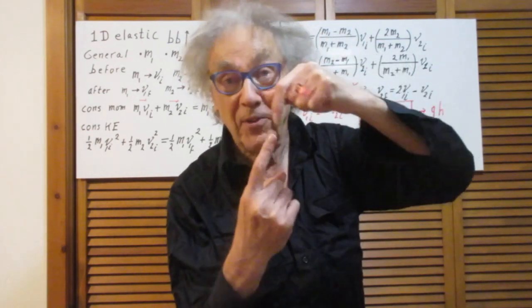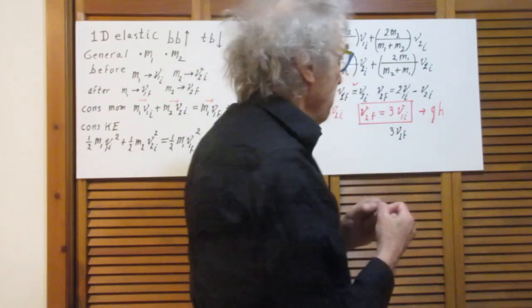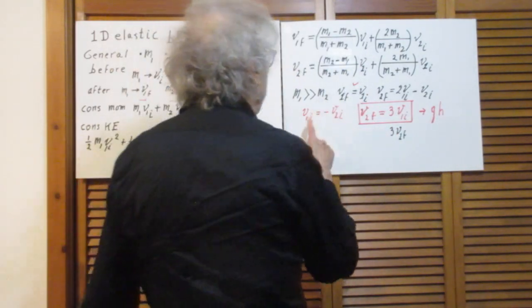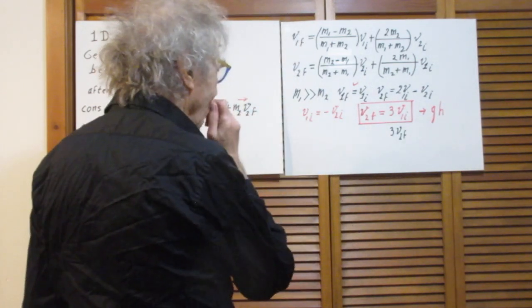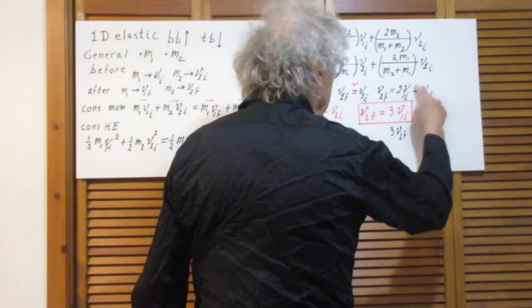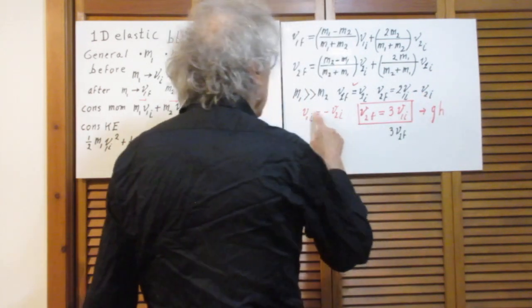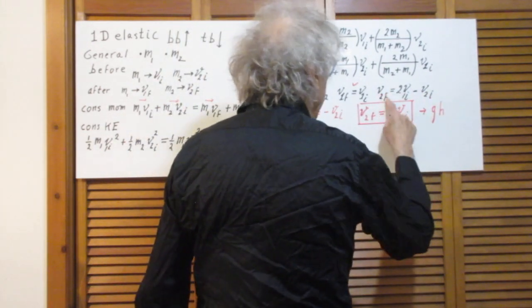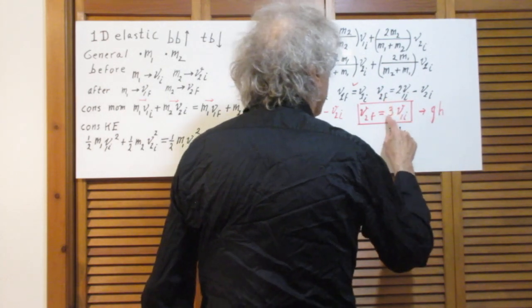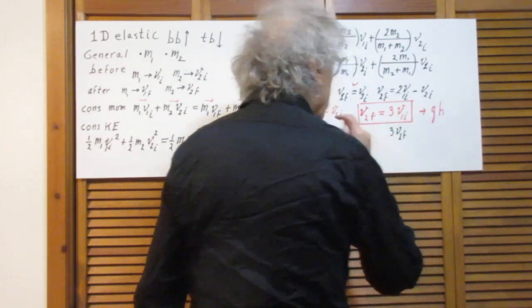And that has to be taken into account, of course. In other words, V1I is minus V2I. So minus V2I here is also V1I. So V2F is now 3V1I.